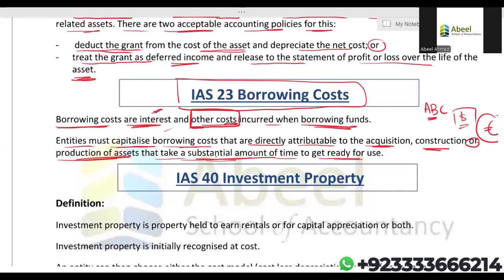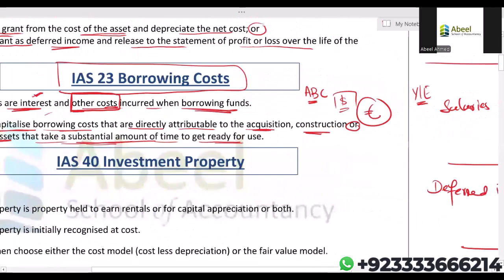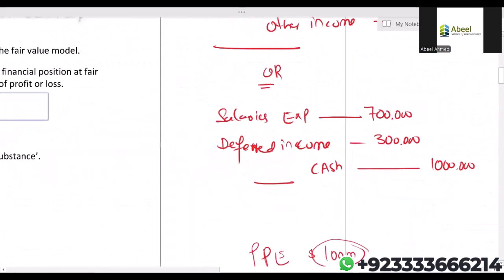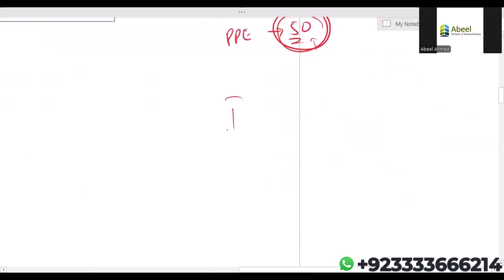Again, IAS will not tell you exactly how many months. Again, professional judgment comes into play. But in IAS 23, you need to know two more things. When we say borrowing cost, actually there are two types of borrowings.